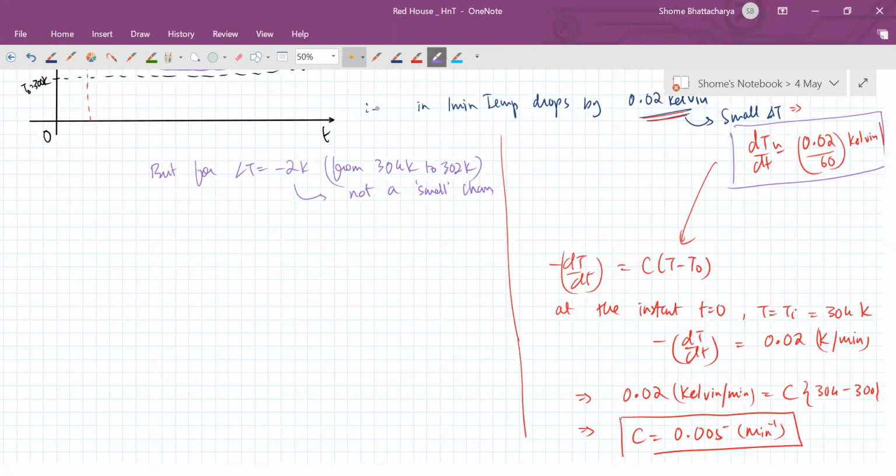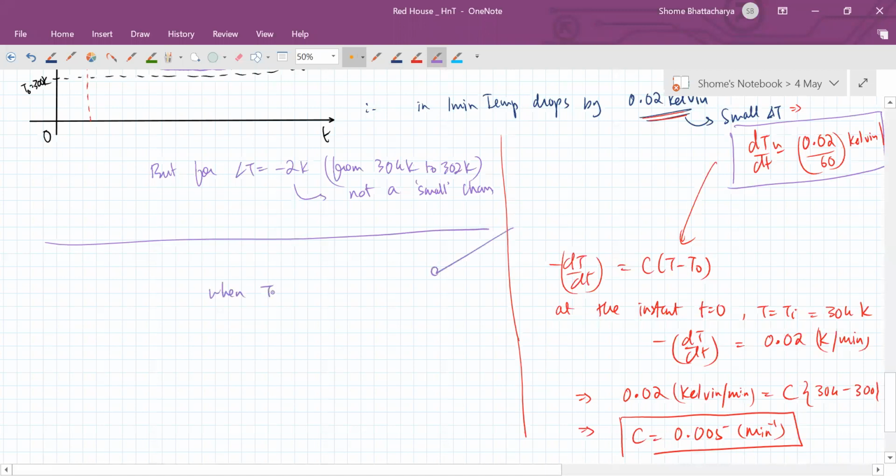Okay. So now from this we can also see that when the temperature of the surface becomes 28 degrees C, or that is 301 Kelvin, at that point of time the rate of cooling will be the same constant, but now into this temperature difference.